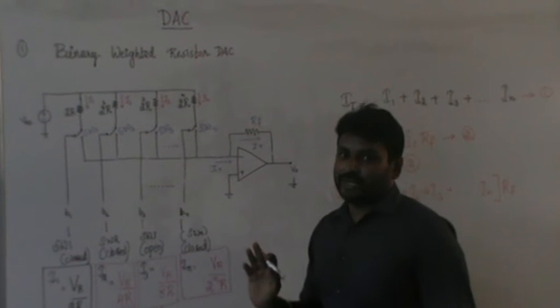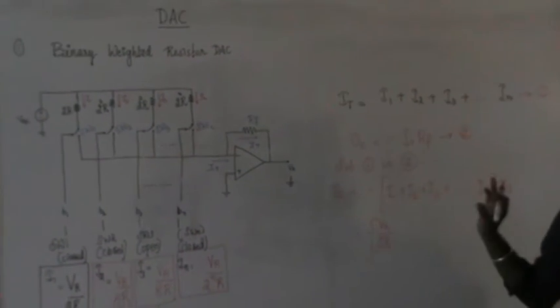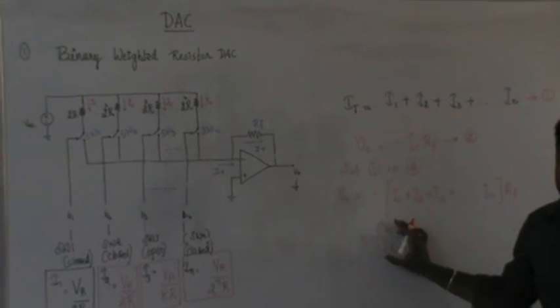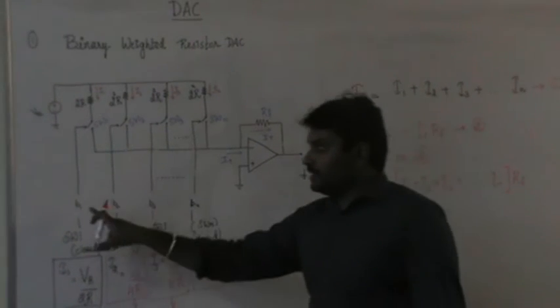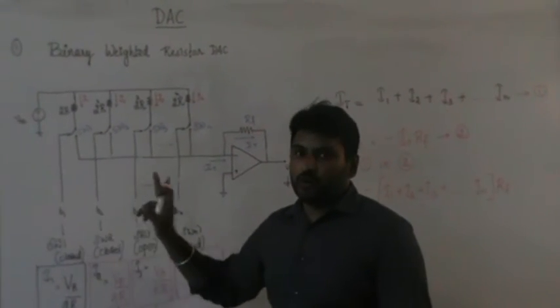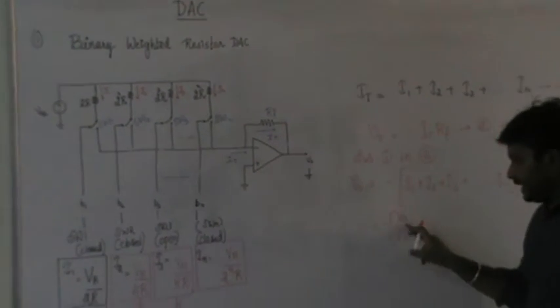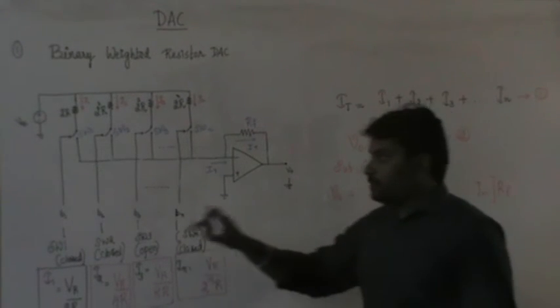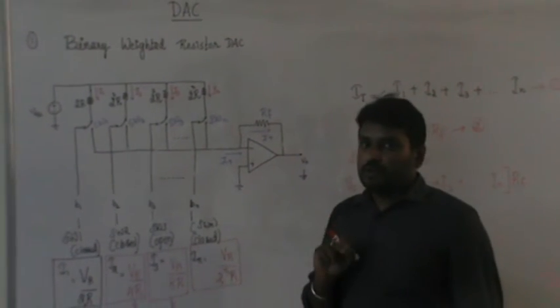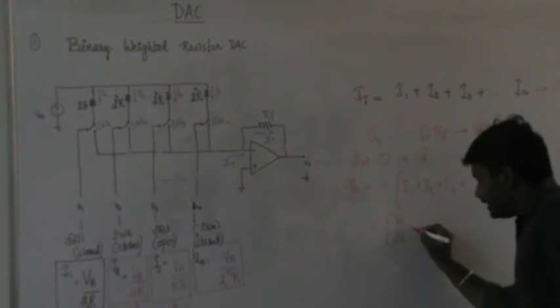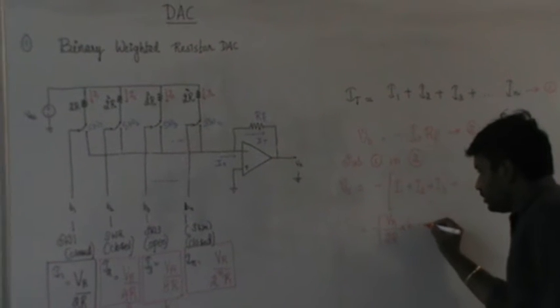Very important. I repeat once again, this term will come into picture only if the binary number that I am considering is equal to 1. This term tends to 0 if my binary number is equal to 0. So therefore, I have to multiply with B1.